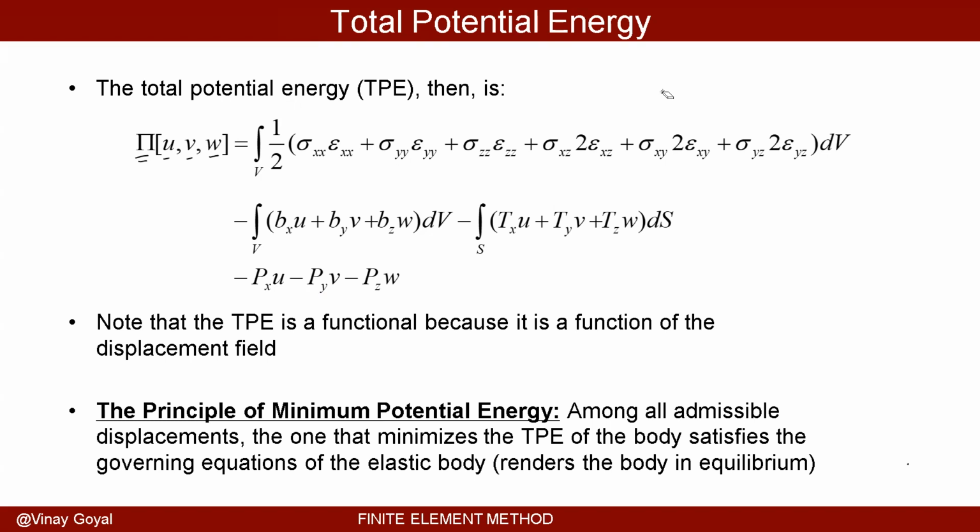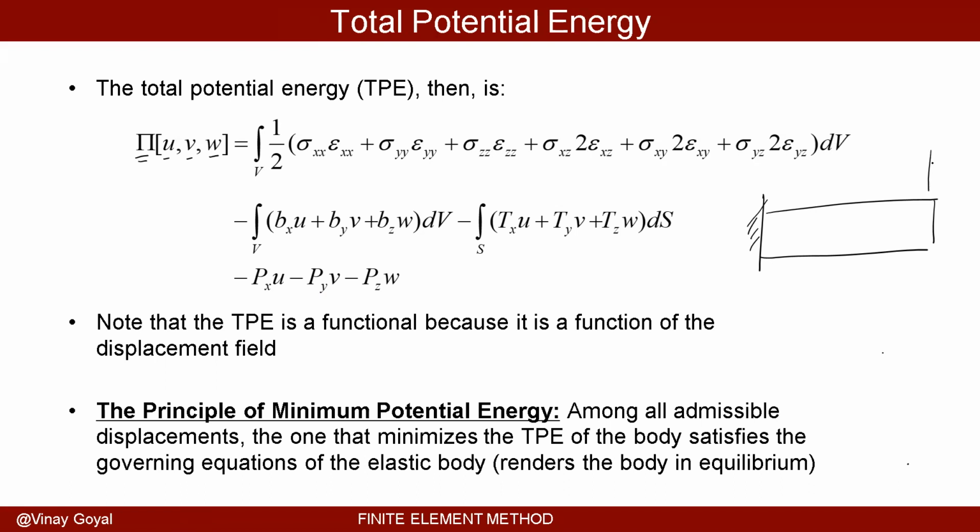In reality, the principle of minimum potential energy is telling us that you have a lot of deflections that could occur. If I have a beam of material, just consider a 3D problem, there are a number of deflections that could occur.